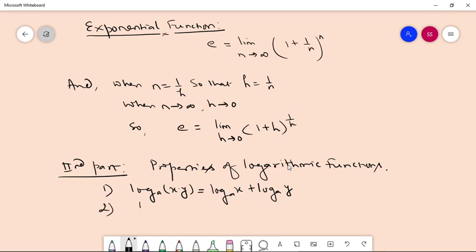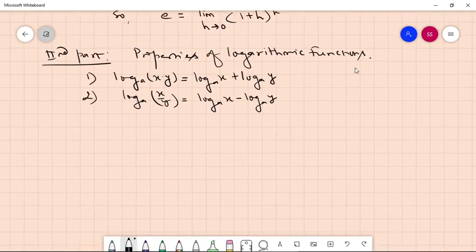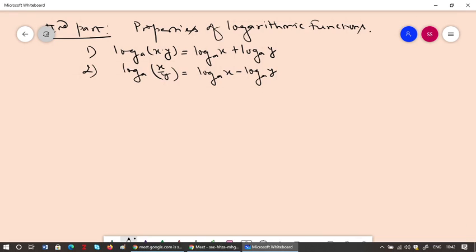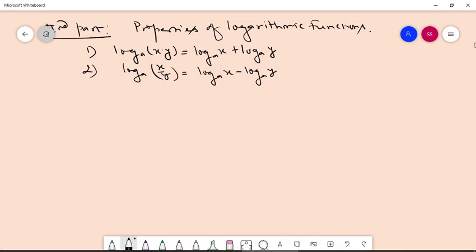Second property, log base a of x by y equals log a x minus log a y. And similarly the third property, log base a of x to the power n equals n times log a x.